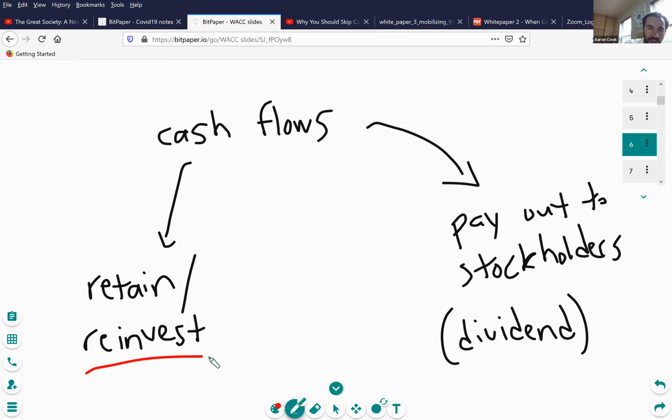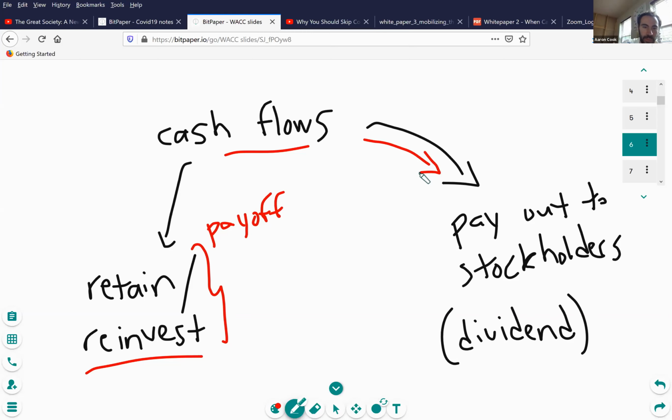The payoff to these retained earnings has to be equal to what the stockholders could get. It has to be at least as good as what the stockholders could get if this cash was just given to them as dividends and they invested it in their own market portfolio.